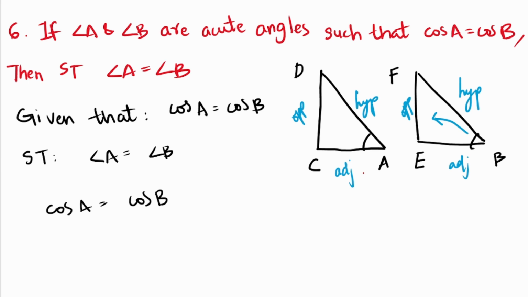Adjacent by hypotenuse. Adjacent side is AC divided by AD, the hypotenuse, right? AD. Okay. Now cos B is adjacent by hypotenuse.